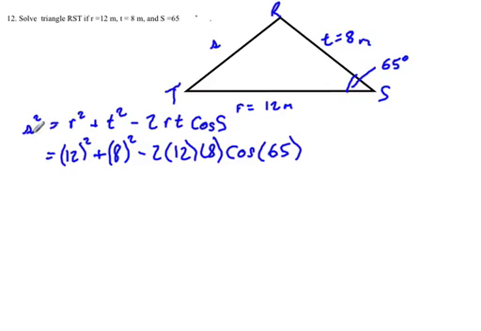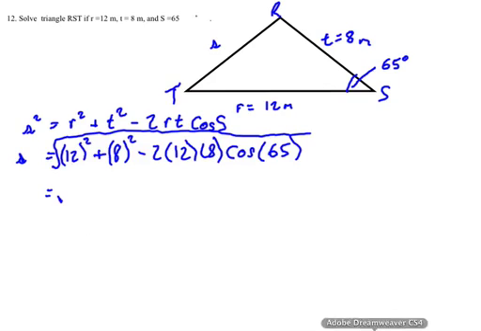And since this is what S squared is equal to, S is going to be the square root of this whole thing. So we're going to find the solution to all this, and then we're going to take the square root of the answer. And we're going to let our calculator do a lot of the work here.